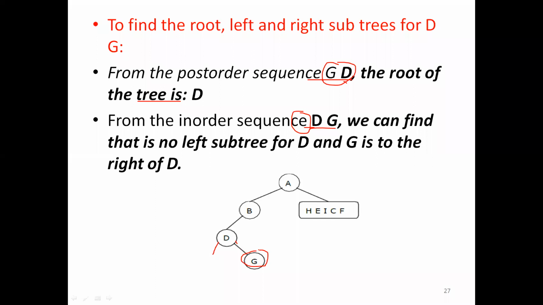There is only one node in the given subtree, so that is a leaf node, the child node of node D.